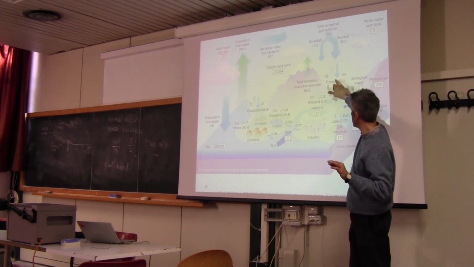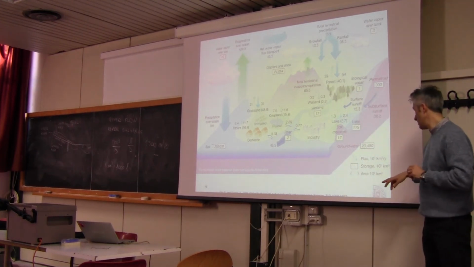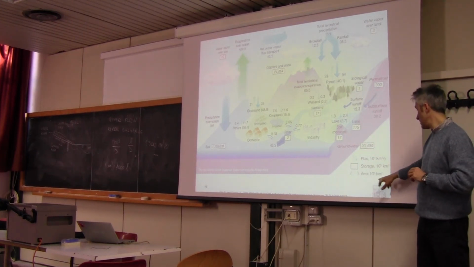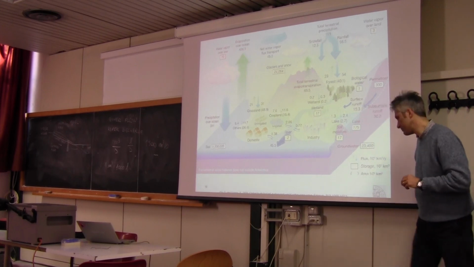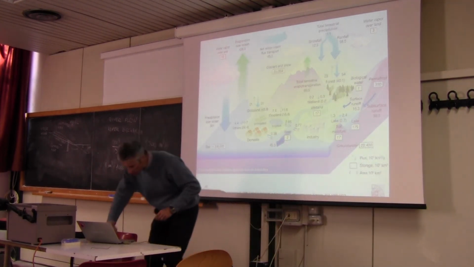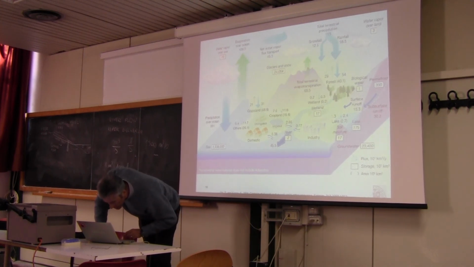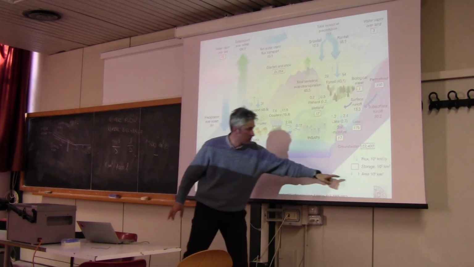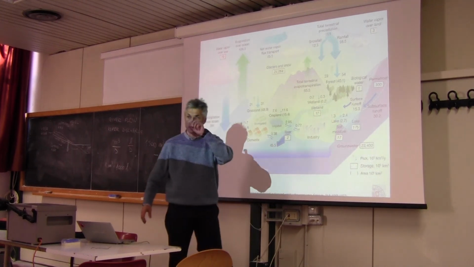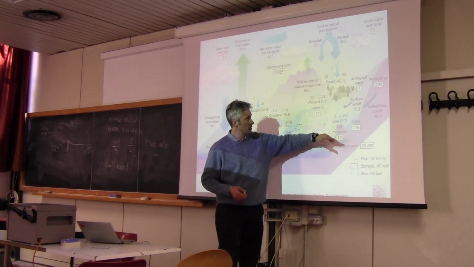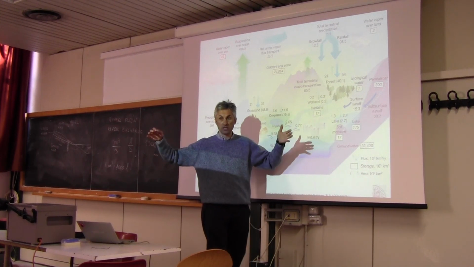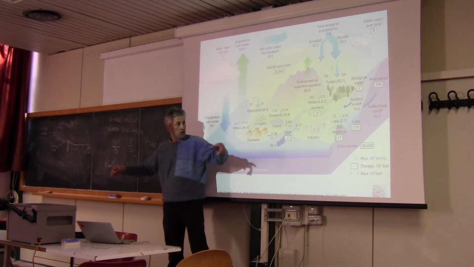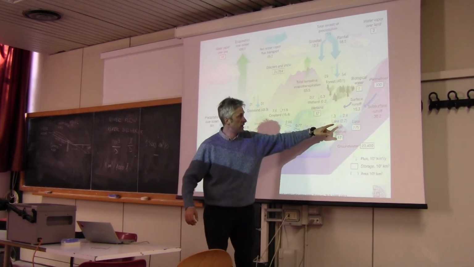Between parentheses, you see the extension of the forest, given in 10 to the power of 6 square kilometers. So you have an indication between parentheses of the total extension over the earth of each single land use.